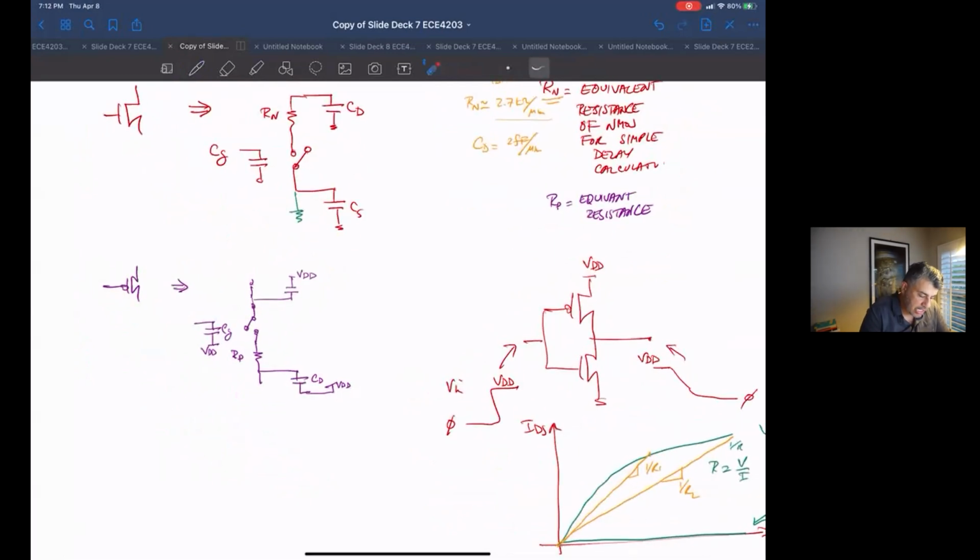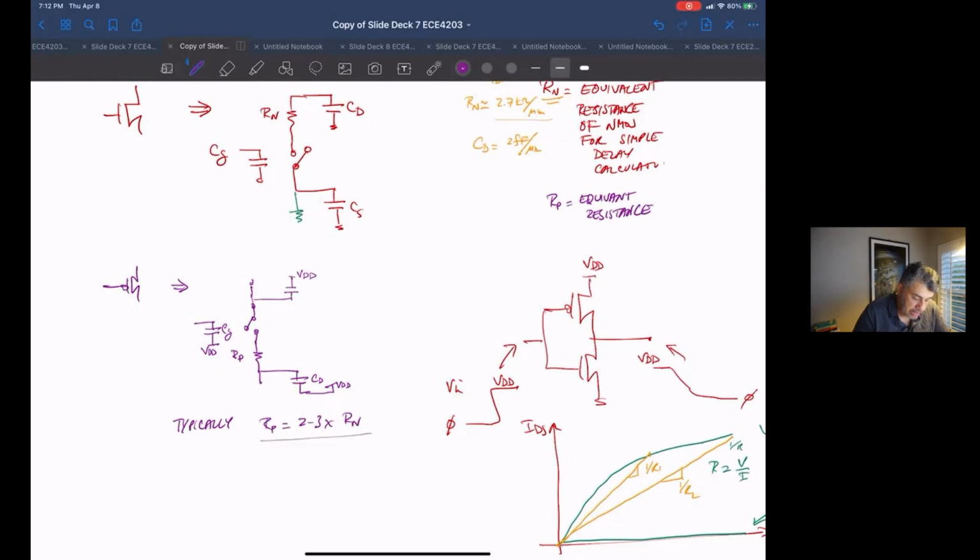And then we said that typically R sub P is 2 to 3 times R sub n, because the current gain of a PMOS transistor is usually 2 to 3 times less than the current gain of an NMOS transistor. Okay, so that makes the resistance of the PMOS higher in this simplified model.